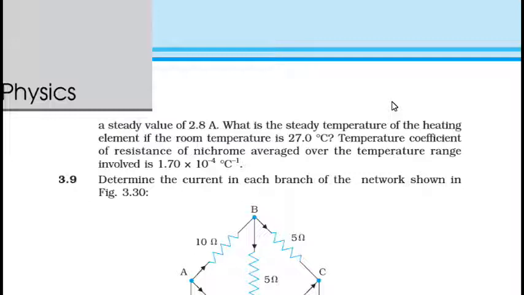What is the steady temperature of the heating element if the room temperature is 27 degrees centigrade? Temperature coefficient of resistance of nichrome averaged over the temperature range involved is 1.7 into 10 to the minus 4 per degree centigrade.